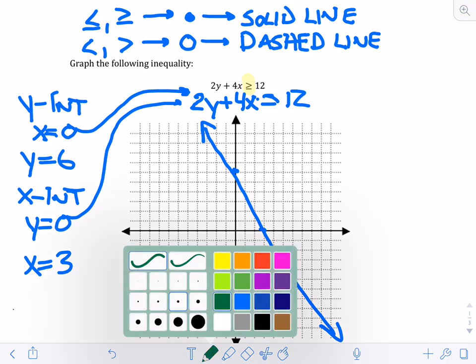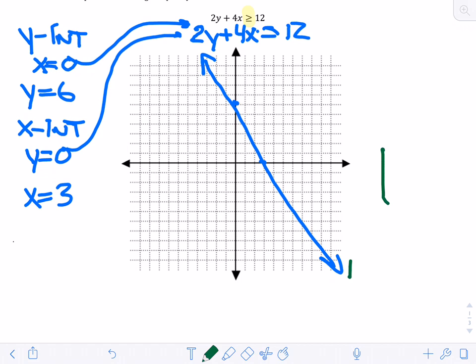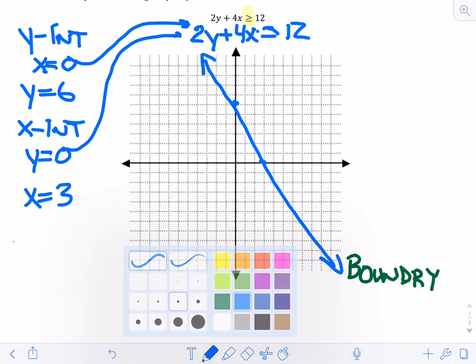What we just drew is what we call the boundary. So if you ever hear us talking about the boundary, this is what we're talking about. This will be the function that is the boundary between what is a solution and what's not a solution.